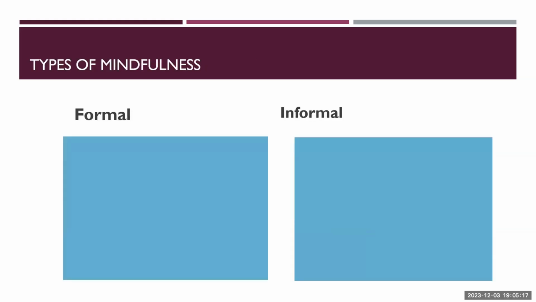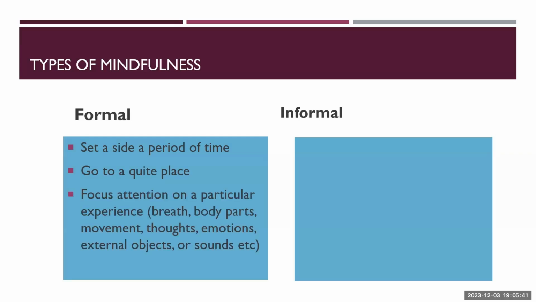When you assign mindfulness-based interventions as action plans, you can mention that these exercises can be both formal and informal. So if you are doing the formal exercises, you will set aside a period of time, go to a quiet place, and then focus your attention on a particular experience.